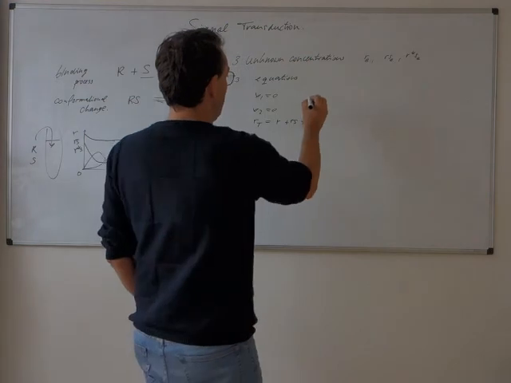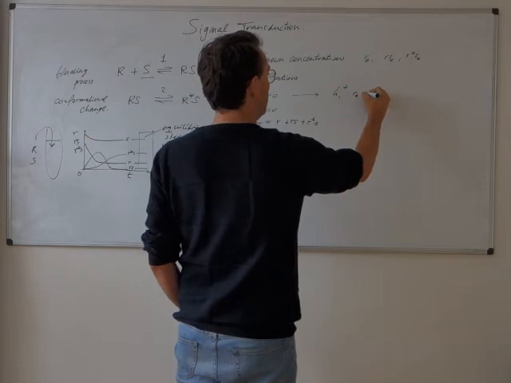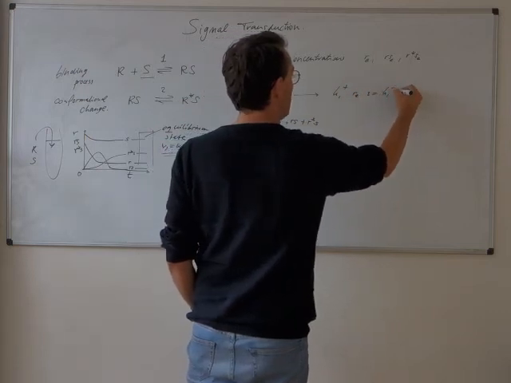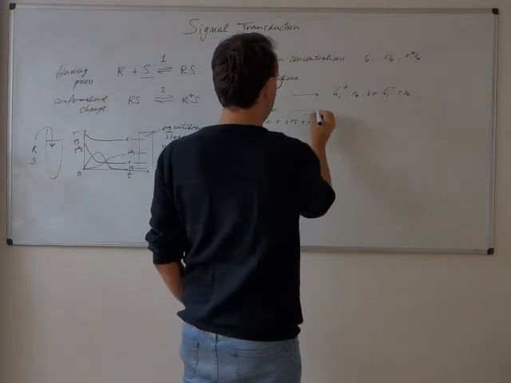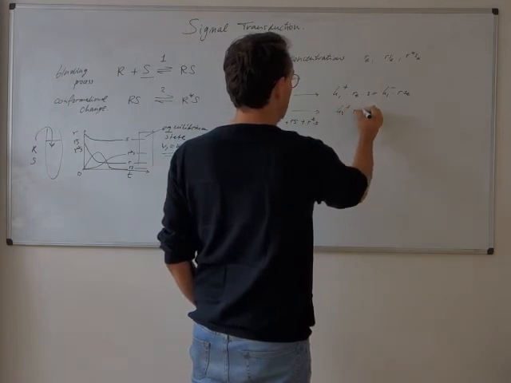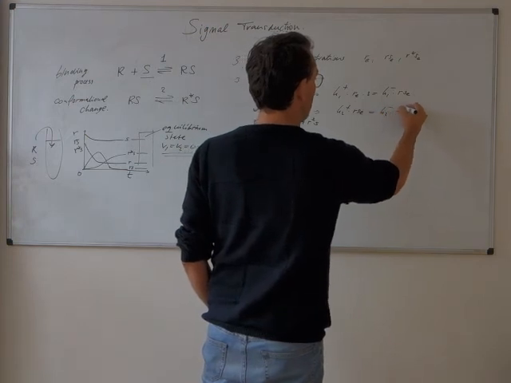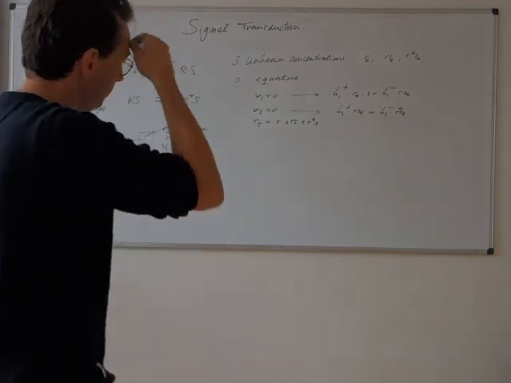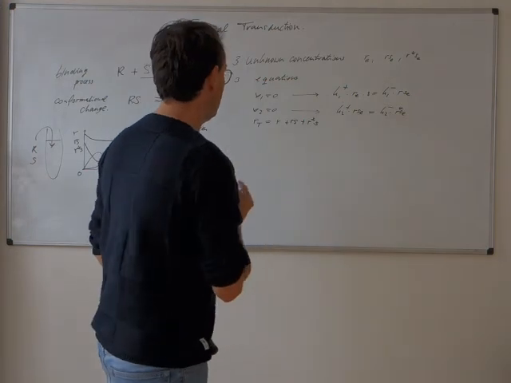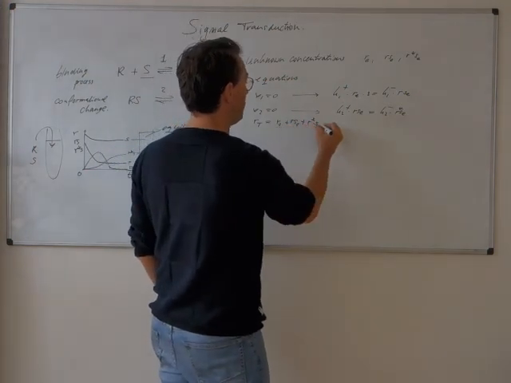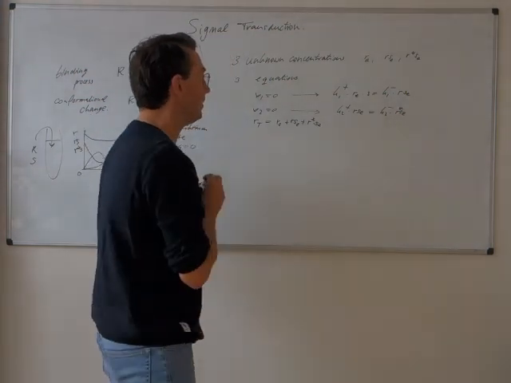If V1 is 0, then K1 plus times RE times S equals K1 minus times RSE. And if V2 is 0, then K2 plus times RSE equals K2 minus times RSE star. And so using this, what we can try to do now is solve for all these equilibrium concentrations. So let's first start with solving for RE.